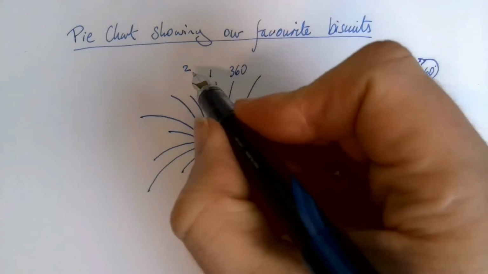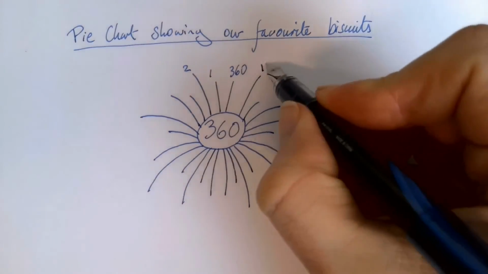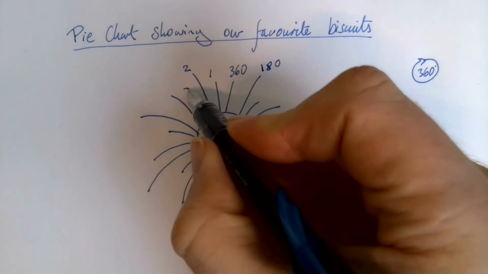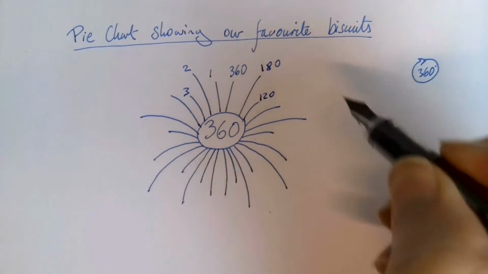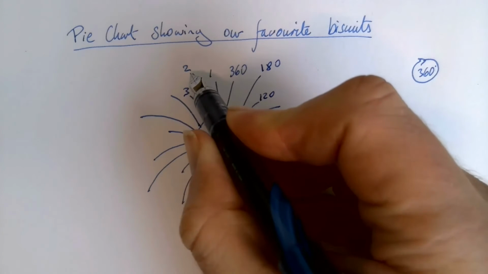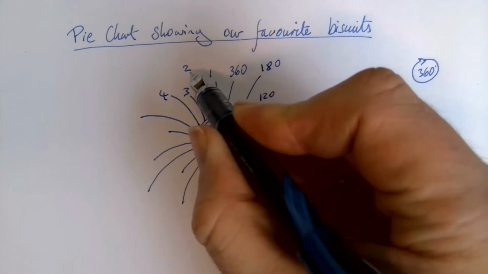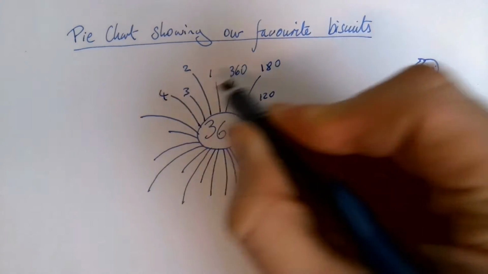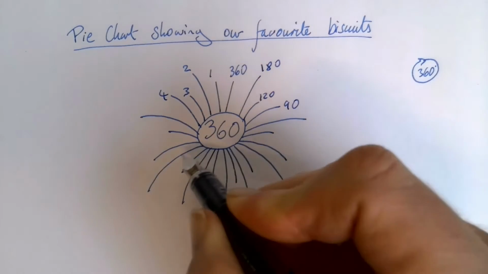So we can divide it up to make a nice portion pie chart in lots of ways using whole numbers of degrees. So I've got 1 and 360, 2 and 180, then we have 3 times 120. You will have half the number of 2's to make 4, so that's 90.